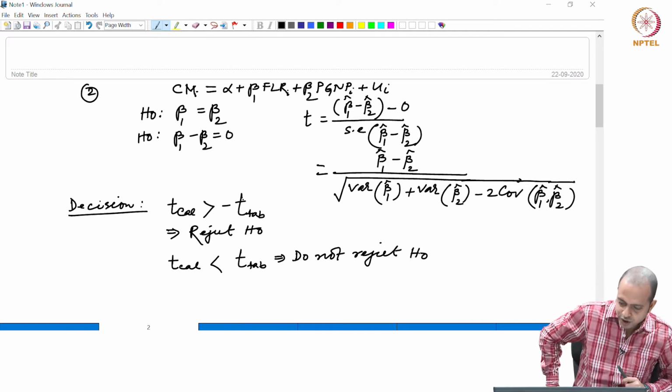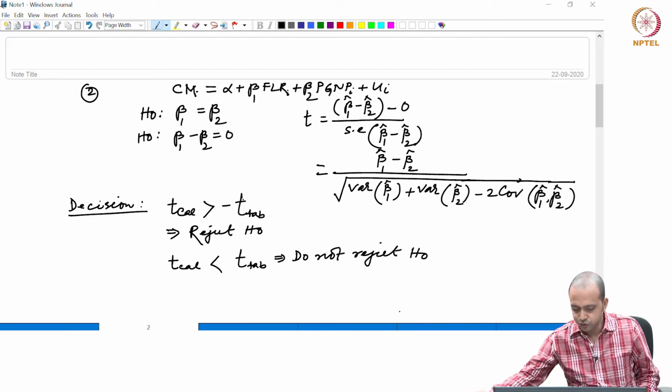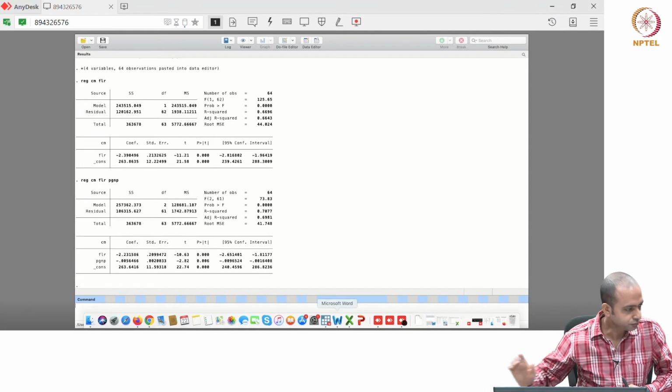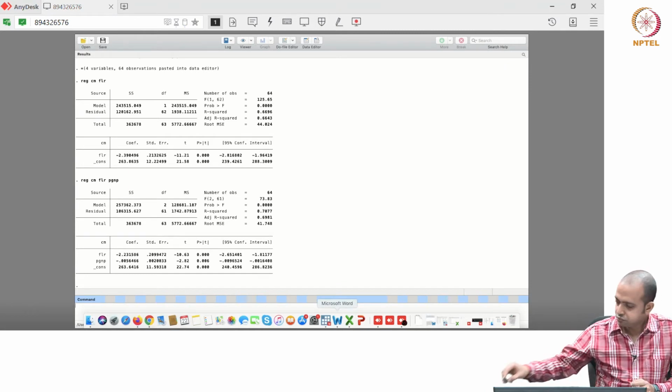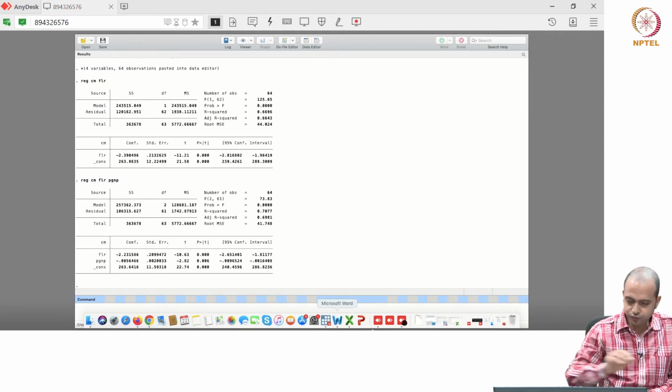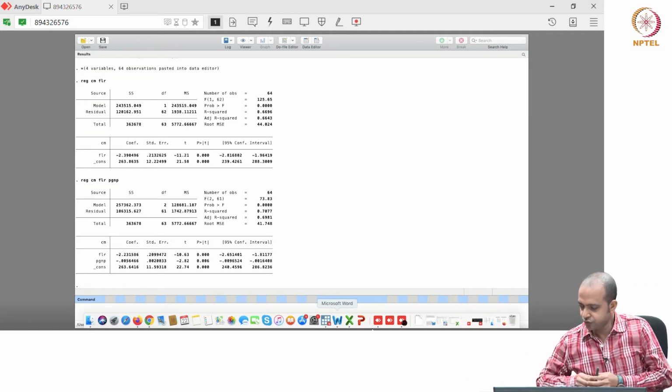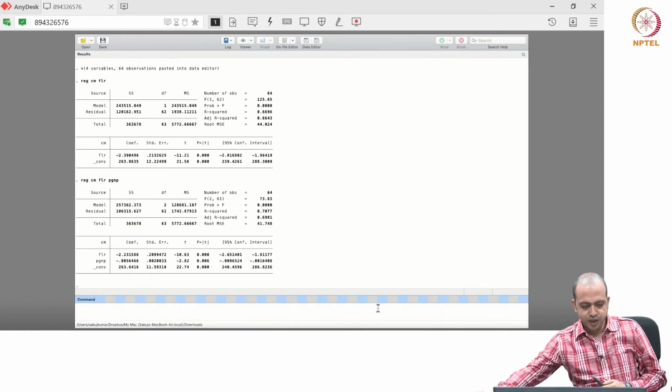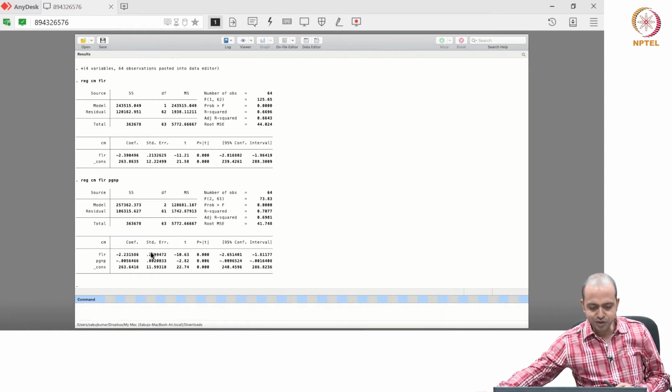Now, from this model, I will show you how to implement this particular hypothesis testing using the software. Okay. So, I have already run the complete model. From here, see, I have everything. Variance of beta 1 hat, variance of beta 2 hat, you have the standard error.